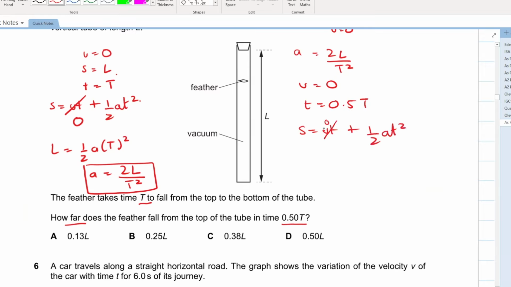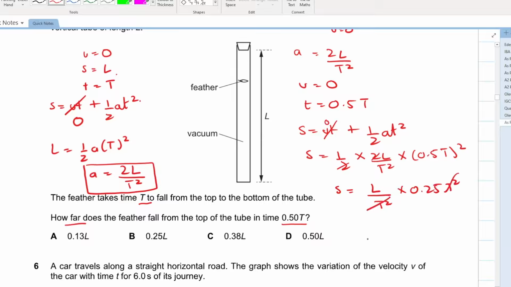This again gets zeroed out. s = ½ × acceleration, that is 2L/T², × (0.5t)². The 2 cancels out. s = L/T² × 0.25T², cancelled out. What is the remaining value? s = 0.25L. B is your answer.